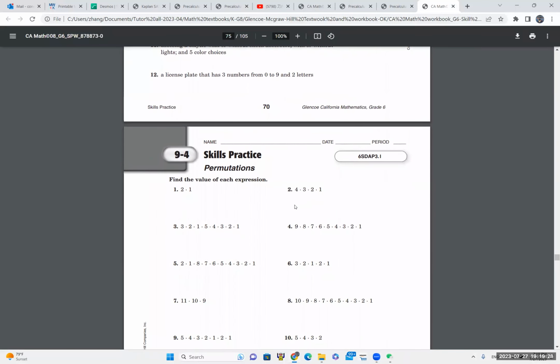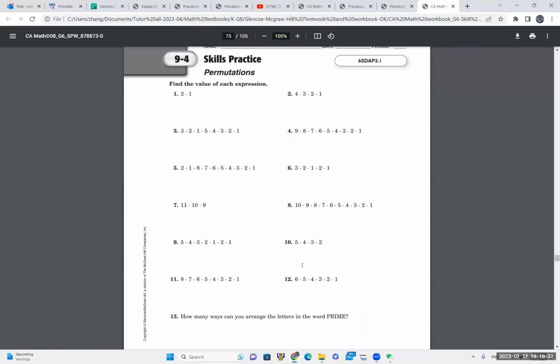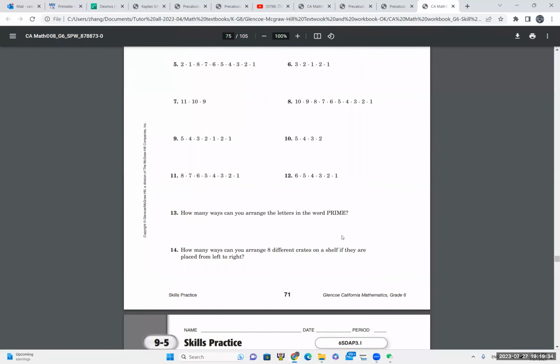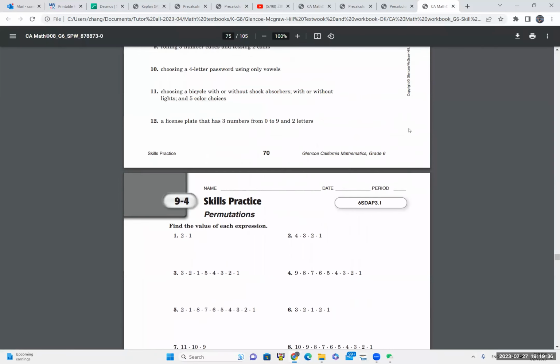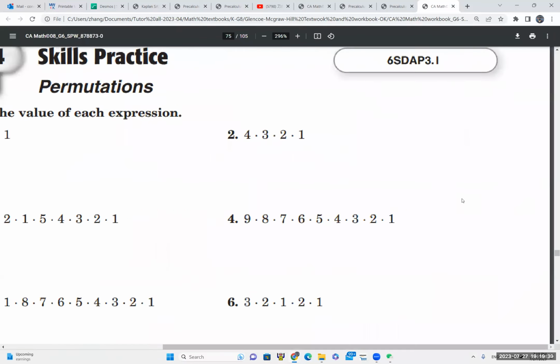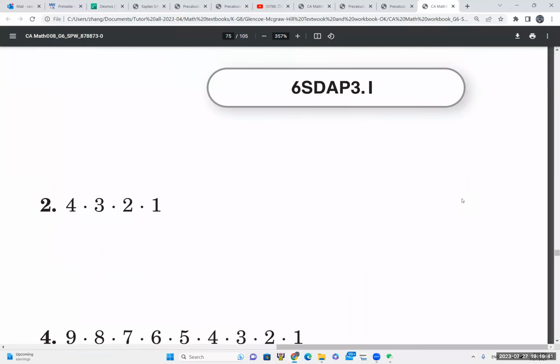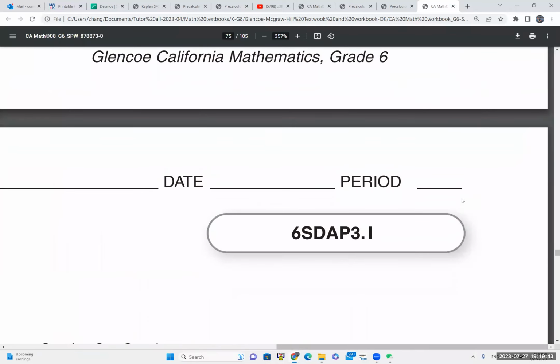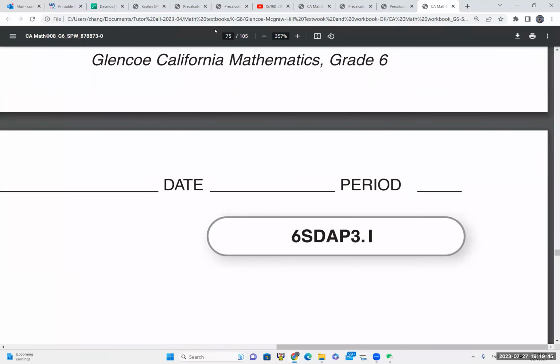Okay, here it shows factorial, right? So let me show you something. For example, suppose there are 5 teams.